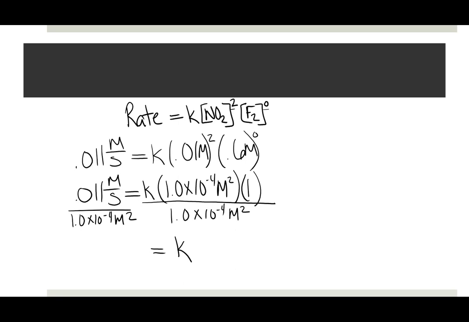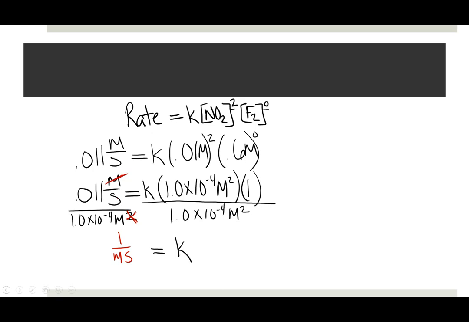Our units here, let's follow those through. I've got molarity on top, molarity squared on the bottom. So one of those is going to cancel. So I'm left with molarity on the bottom, seconds on the bottom, and that's the unit we were expecting. Now we just need to plug this into our calculator.